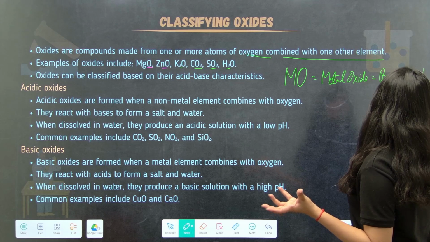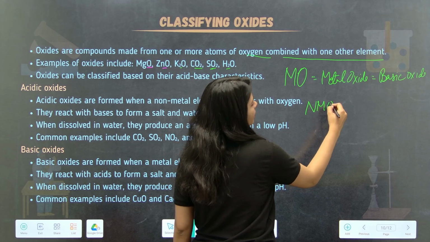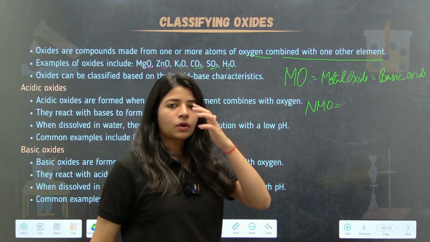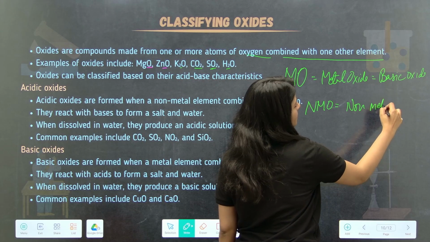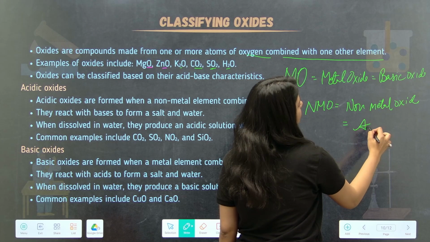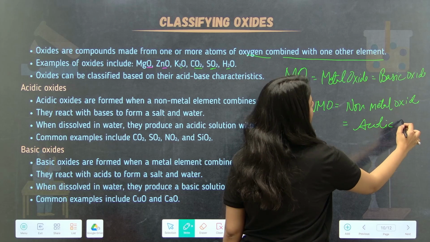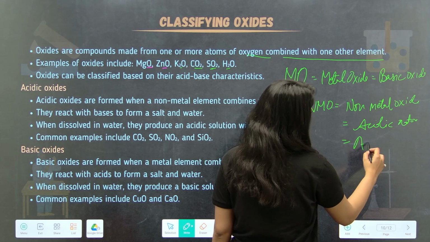Similarly, if you have a non-metal attached with oxygen, then that is known as your non-metal oxide, and it is acidic in nature. So it's very easy. This is known as acidic oxide.